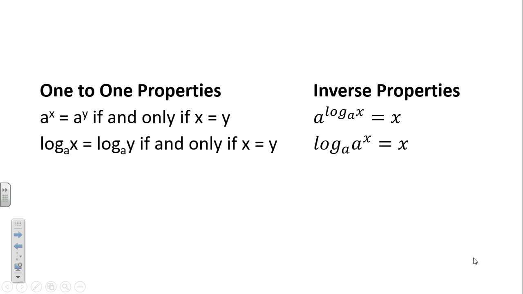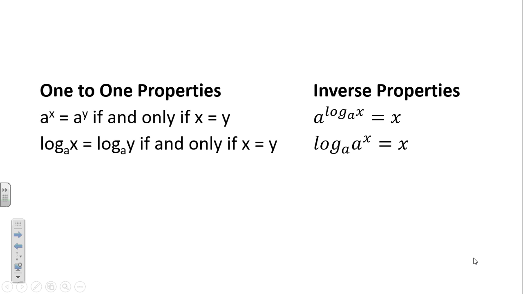And if we're trying to clear an a to the x, we simply take the log base a of a to the x, and our result is the power. So those are our inverse properties. So you can work them as one-to-one or inverse either way, and they're going to get you the same answer.